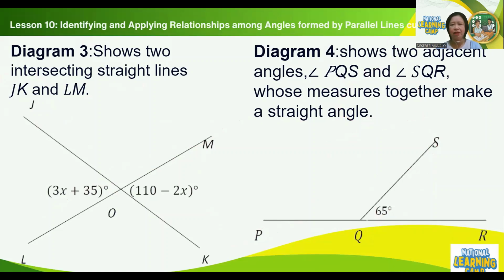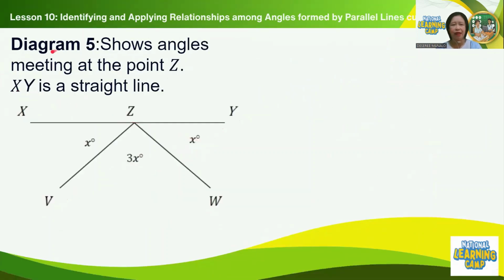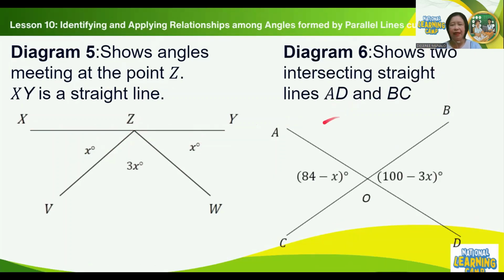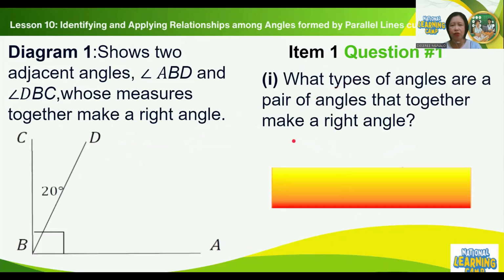Diagram 5 shows angles meeting at the point Z. XY is a straight line. And diagram 6 shows two intersecting straight lines AD and BC. You can pause the video to answer all the questions.